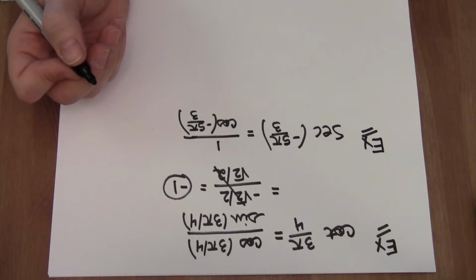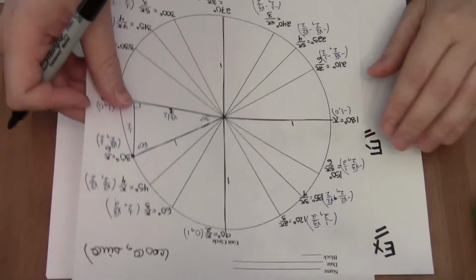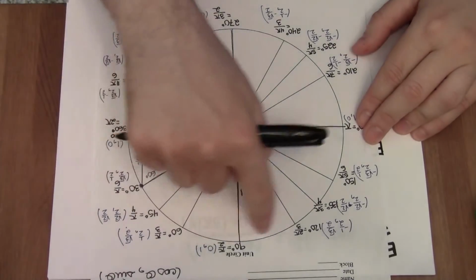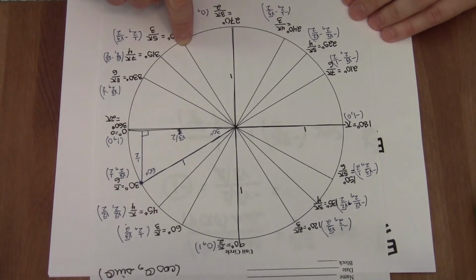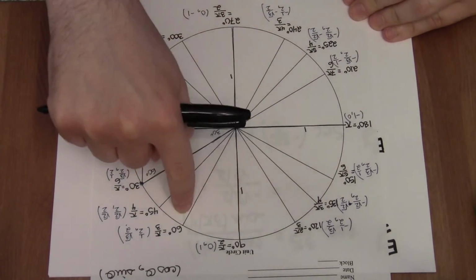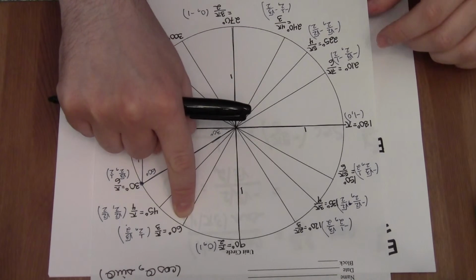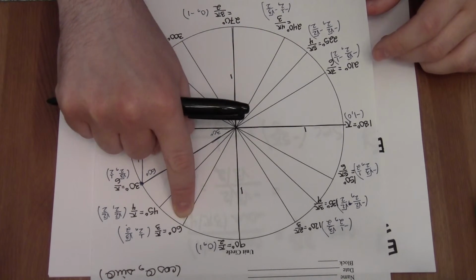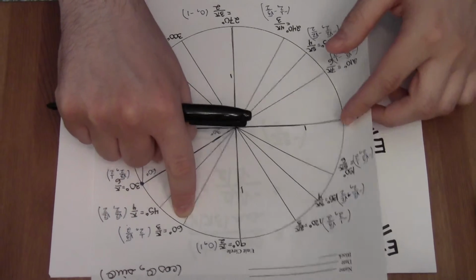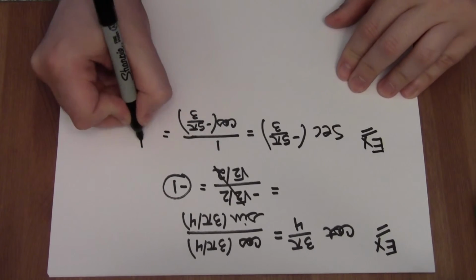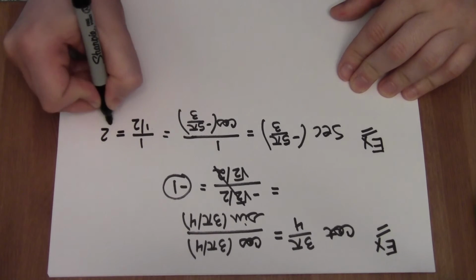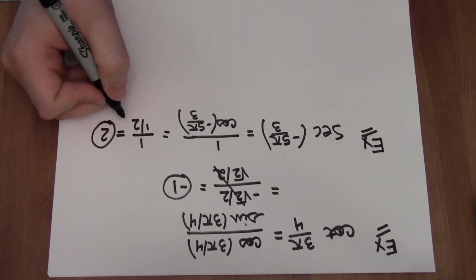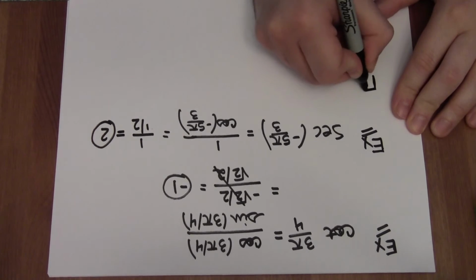Again, I don't have negative angles around my unit circle, but I can still figure this out. 5 pi over 3 is the angle over here, so negative 5 pi over 3 has to be spun the same amount in the opposite direction. I think that will be coterminal with pi over 3. So now I just need to find the cosine of pi over 3, and that's 1/2. This is going to equal 1 over 1/2. 1 divided by 1/2 is just 2. Go through the multiply by the reciprocal thing if you need to.